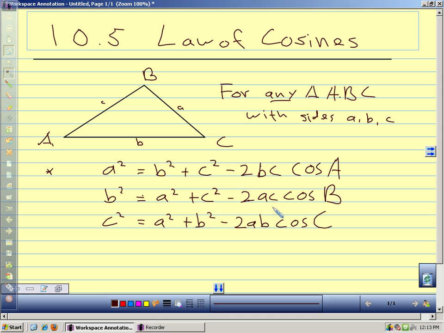Cosine of 90 degrees is 0. If we have a 90-degree angle here, the law of cosines turns into the Pythagorean theorem. So we could think of the law of cosines as an extension of the Pythagorean theorem.